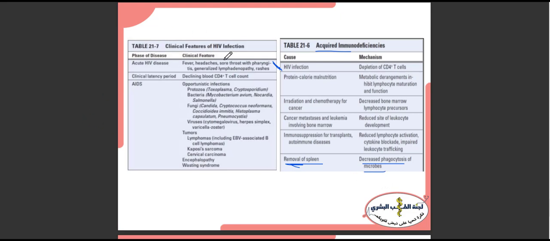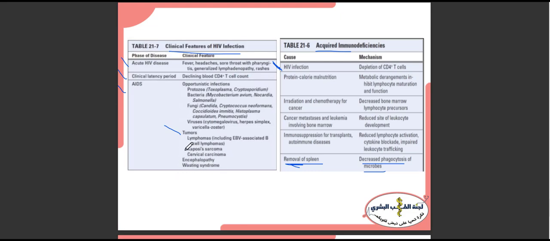وفي عنا هون بهذا الجدول clinical features of HIV infection زي ما حكينا. في عنا acute HIV disease، في عنا clinical latency اللي ممكن تستمر لعقود لمدة طويلة and it's variant between people, and we have the AIDS which is the acquired immunodeficiency syndrome. وهاي الأشياء اللي بتصير after the stage of AIDS like opportunistic infections like protozoa, bacteria, fungi, viruses and tumors as well including lymphomas, Kaposi sarcomas, encephalopathy and wasting syndrome.